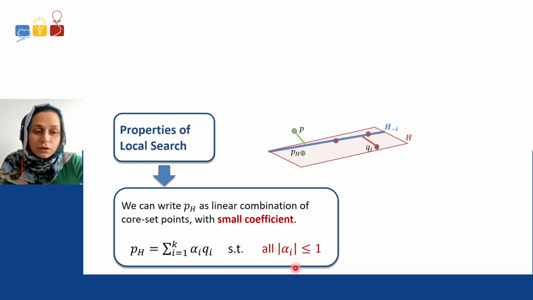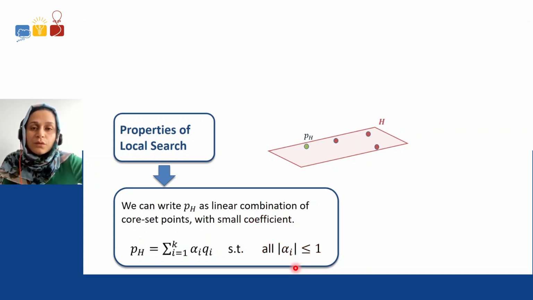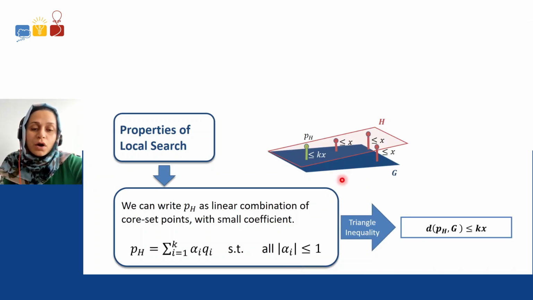Okay, so we have this property, and now we just use the triangle inequality. Because all these Q_i's have distance at most x to G, using the triangle inequality, the distance of P_H to G cannot be larger than kx.